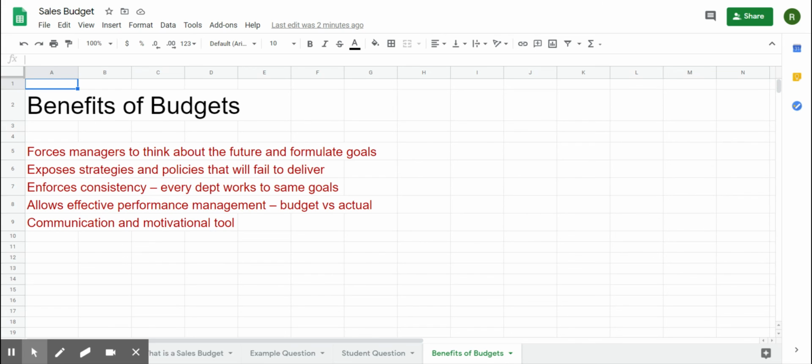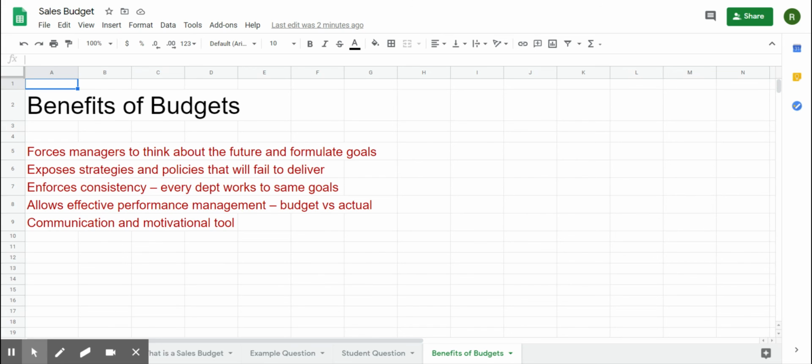So it gives the whole firm a focus. What the purchasing department is trying to do within their budget should be linked to what the production department is trying to do within their budget, and therefore that should be linked with what the salespeople are trying to do within their budget.